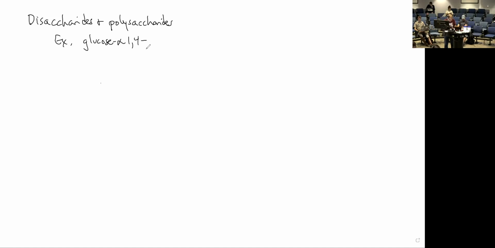And I'm just writing this down so that I can remember, and then attach it to another glucose molecule. Actually, since we have the time, it's going to be a lot of drawing, and then let's put that second glucose in the beta position. And by the way, this happens to be maltose, which is a disaccharide you might have heard of.